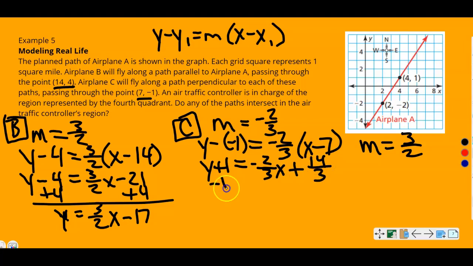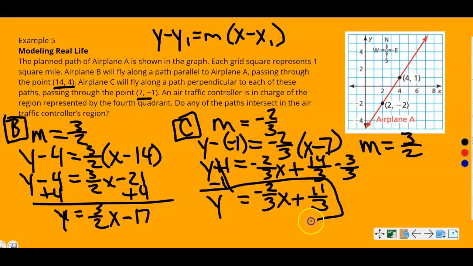If I subtract 1, to get a common denominator I'm going to subtract 3/3. Hopefully you remember that 3 divided by 3 is the same thing as 1. To subtract fractions, you have to have a common denominator. So 14 minus 3 is going to be 11, so 11/3.